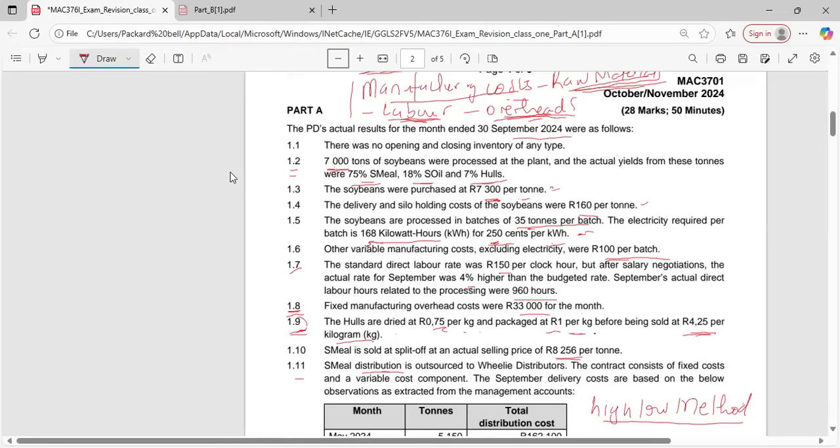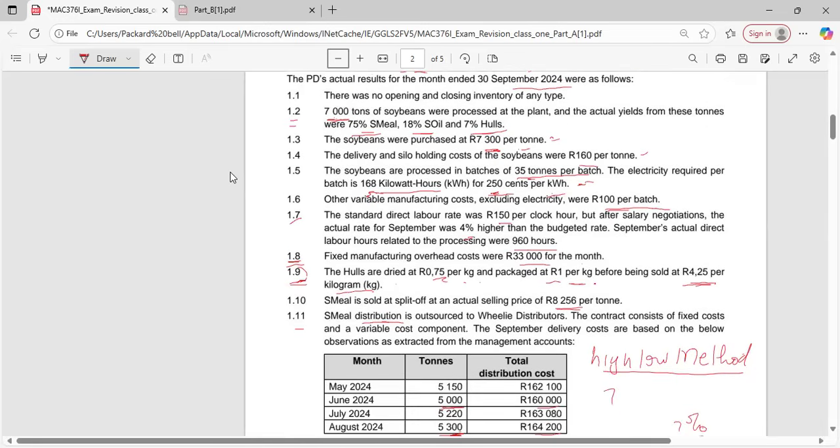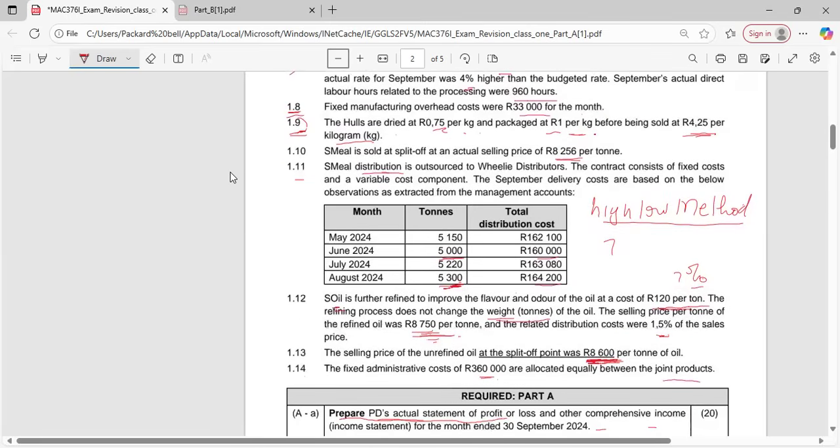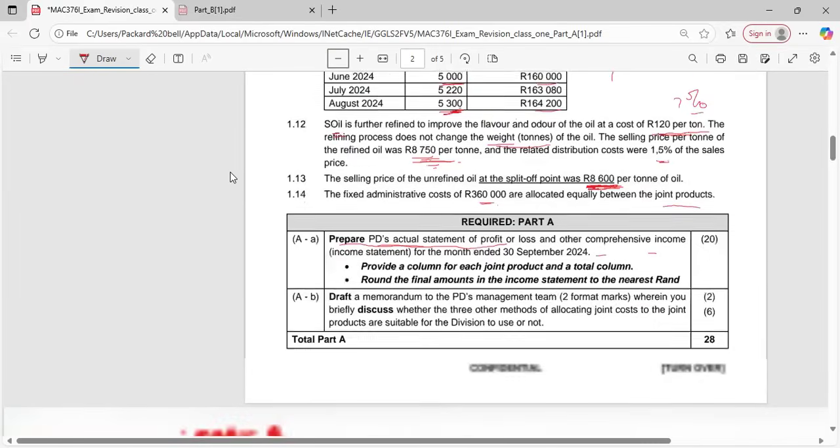S meal is sold at split off point at 82.56. Then this one is 8,256. Then the other one is sold at 8,750. Right, so that's the selling prices, the sales.